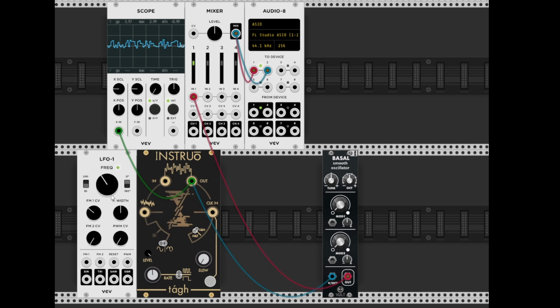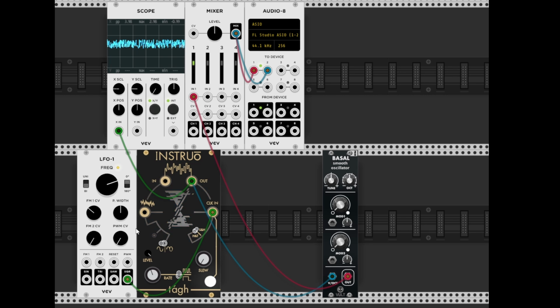Let me use this LFO, square wave output. And you see, then using an external clock, this switch doesn't change anything, nor does this rate knob.